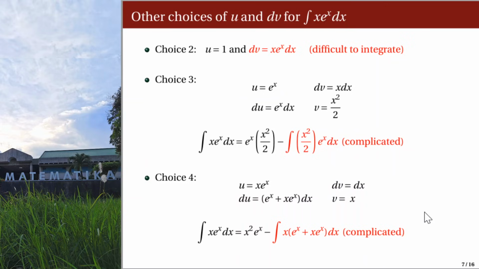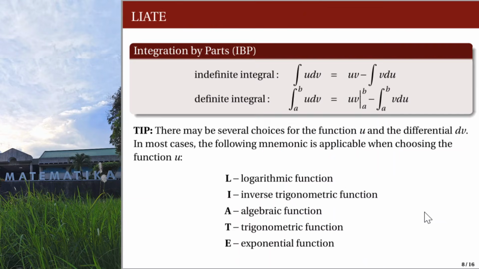Parang masasabi natin na ang hirap naman kasi ang daming pwedeng choices. Wala ba tayong guide na magpapadali kung sino yung magandang piliin para sa u tsaka dv? So, ang answer is, yes, meron tayong guide. At ang tawag dito ay LIATE. So, ang ibig sabihin nito ay L is logarithmic, I, inverse trigonometric, A, algebraic, T, trigonometric, and E, exponential.